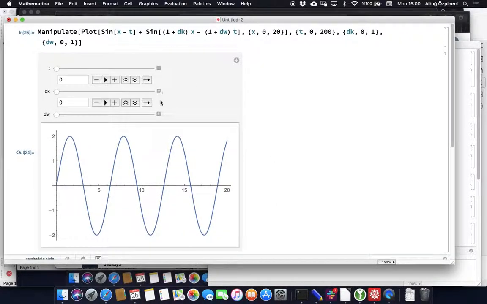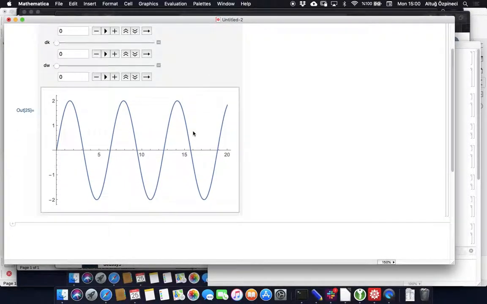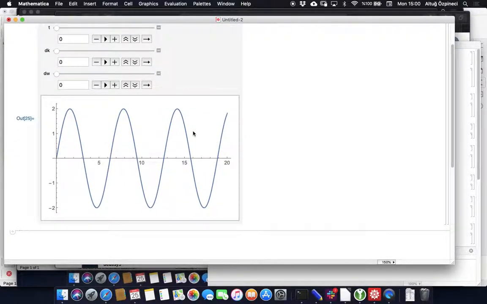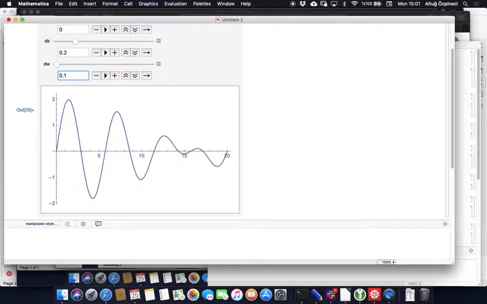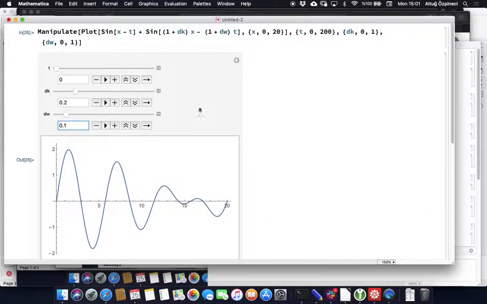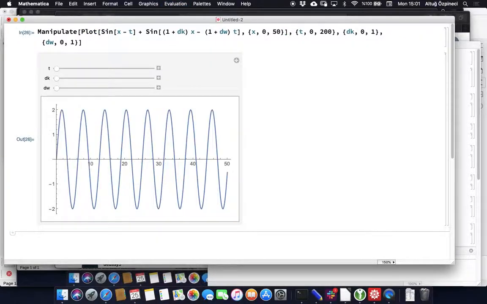So they differ by dk in wave vector and by dw in their frequency. Let me give them some numbers. This is, let's say, 0.2. This is 0.1. Well, to see it better, let me just increase the x range.